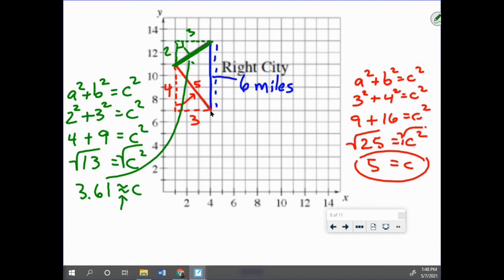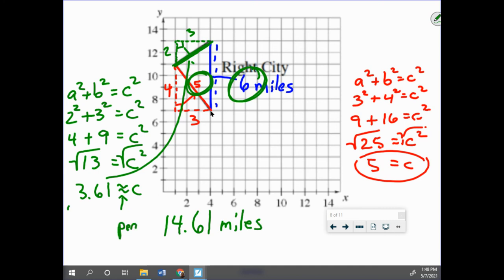If I'm trying to find my perimeter, I would add up all the sides. I've got 6 and 5 and 3.61. So 3.61 plus 5 plus 6. The perimeter of the city is 14.61 miles. And label that.